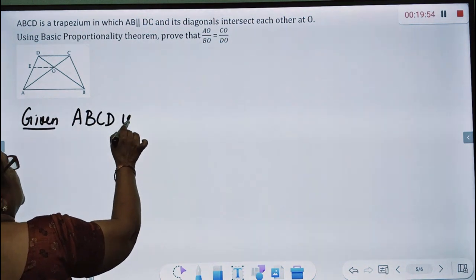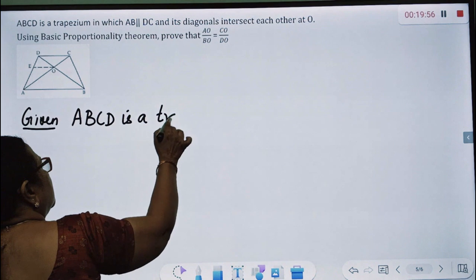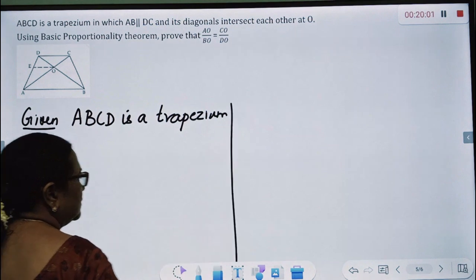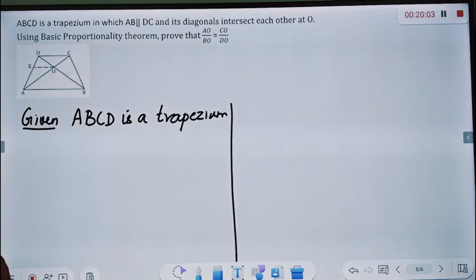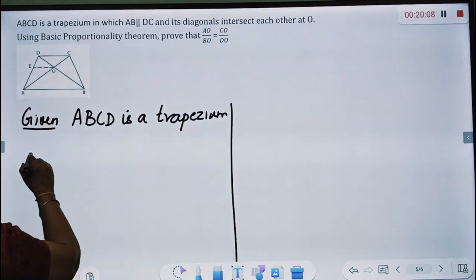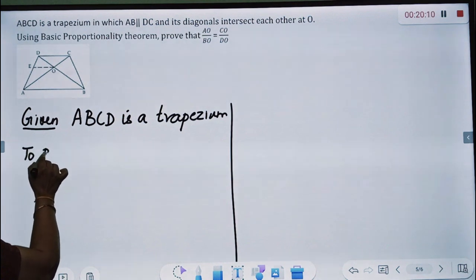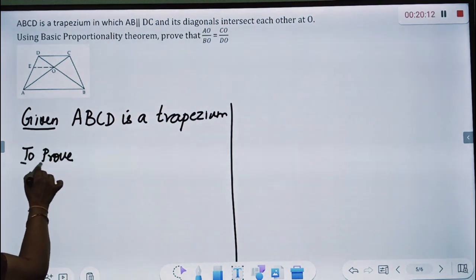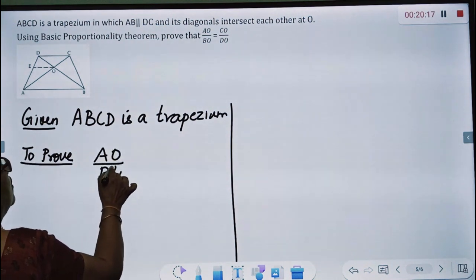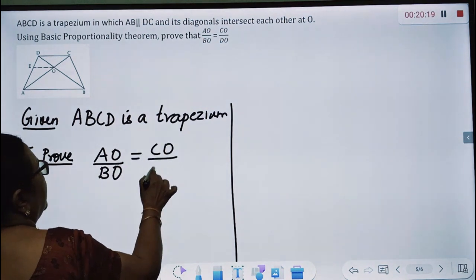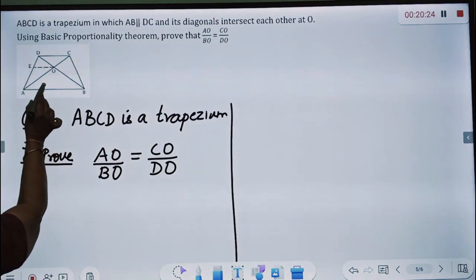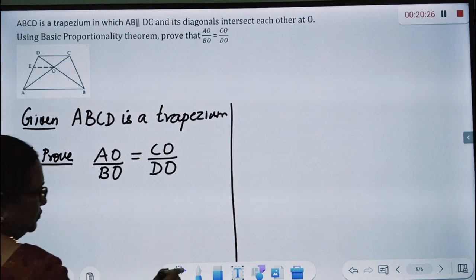ABCD is a trapezium, and the diagonals intersect at O. You have to prove AO by BO equal to CO by DO. We have to prove AO by BO equal to CO by DO.